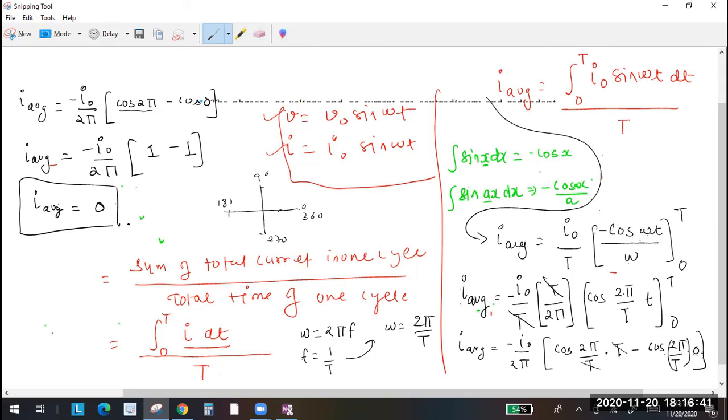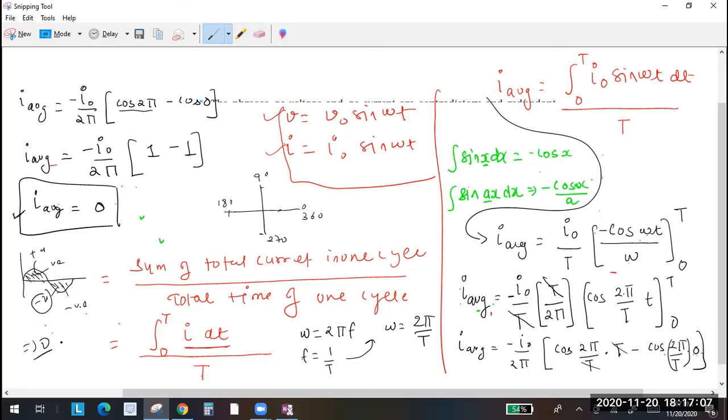So this is how we calculate the I average. Why do we say I average is 0? Because you can see from the graph as well. For half of the cycle the value was positive, and for half of the cycle the value was negative, so it gets cancelled out. If you calculate this length, let's suppose this is 4, then this will be minus 4, and if you add these two, that will give you 0.